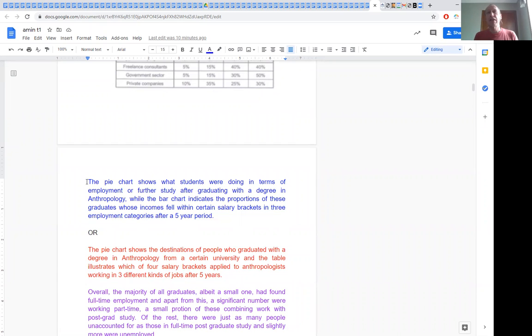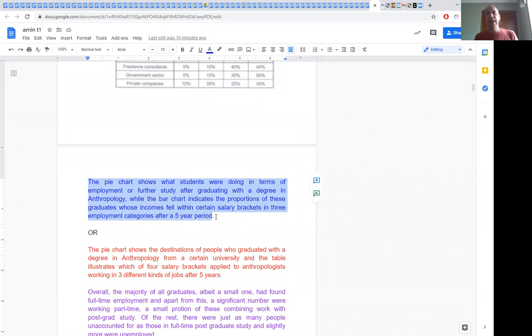So what I'm saying in the blue one is, the pie chart shows what students were doing in terms of employment or further studying after graduating with a degree in anthropology. While the bar chart indicates the proportions of these graduates whose incomes fell within certain salary brackets in 3 employment categories after a 5-year period.